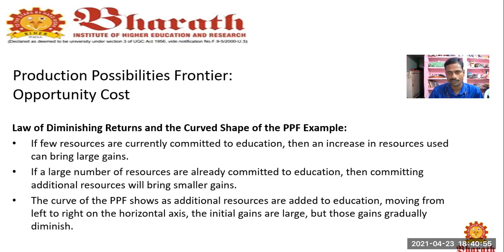If a large amount of resources is already committed to education, committing additional resources will bring smaller gains. The curve of the production possibility frontier shows, as additional resources are added to education, moving from left to right on the horizontal axis, the initial gains are large, but those gains gradually diminish.